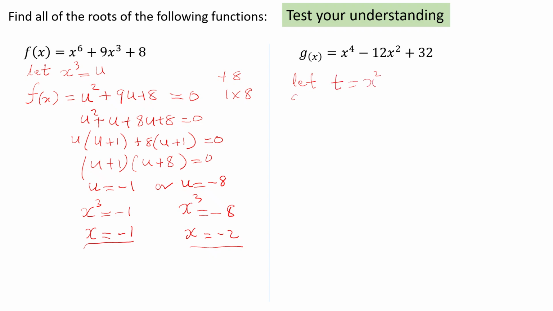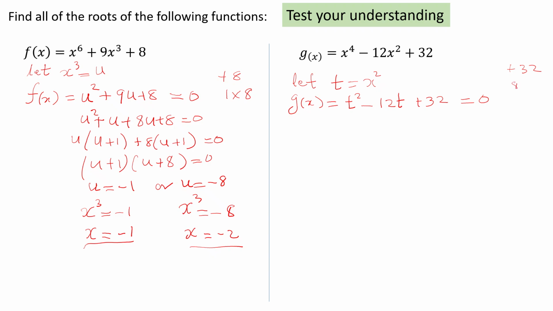So d(x) equals p squared minus 12p plus 32, then equal to 0, because we need to find the roots. So now factorize this one. If you multiply two numbers, you need to get plus 32. If you add two numbers, you need to get negative 12.